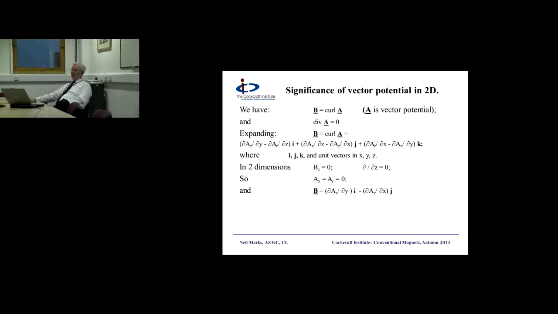And the values of B are given by these equations here. And that has far-reaching consequences. So A is in the Z direction and is normal in a 2D problem. And notice, if we take the divergence of this, it's going to equal 0. So in fact, we're compatible with the first equation, div A equals 0.